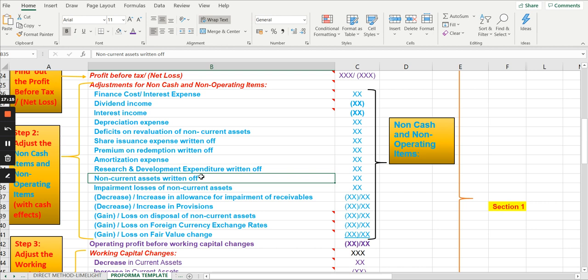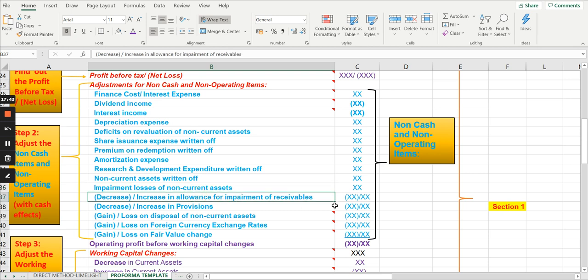So those assets have to be added back because earlier they were written off. Written off means debit profit or loss, credit that particular asset, like let's say PPE. Impairment loss of non-current asset, because it is an expense, you need to add back. This happens, for example, to the PPE and the intangible asset.